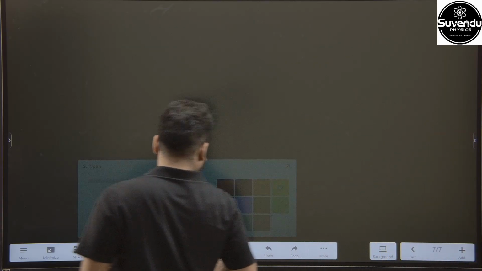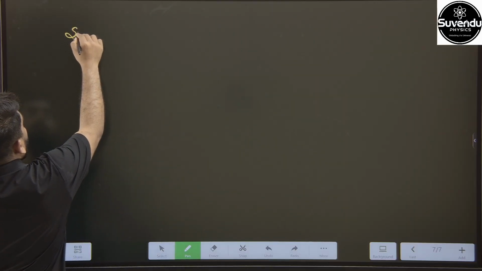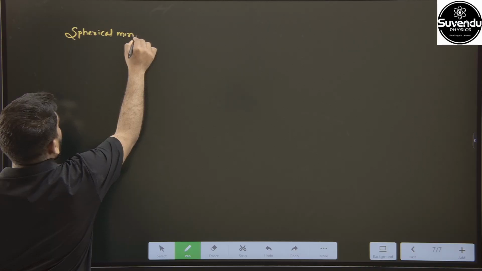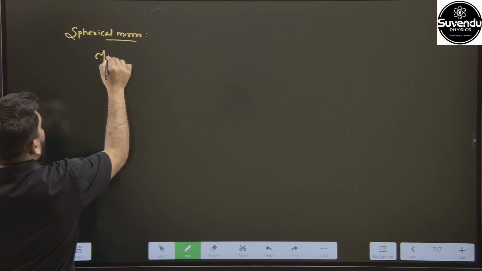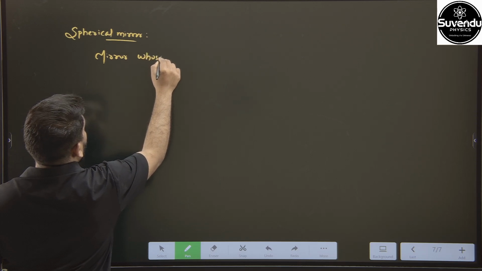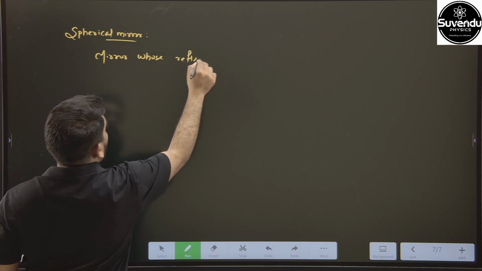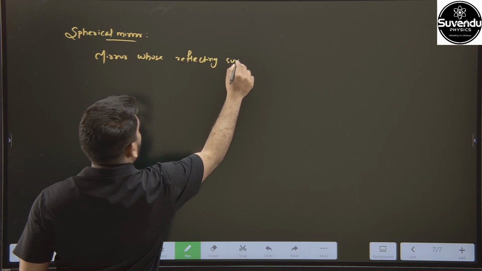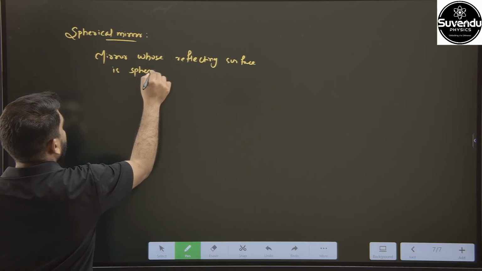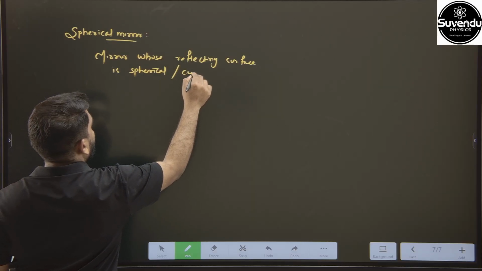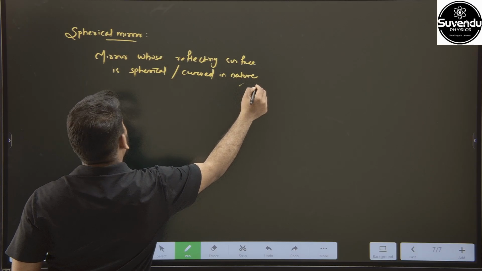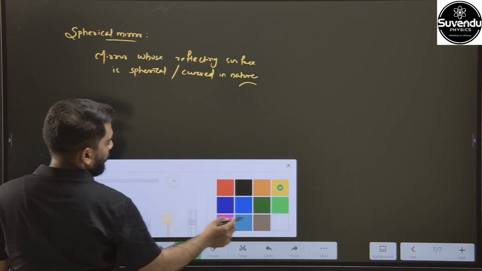So next is our spherical mirror. Mirror whose surface is curved, whose reflecting side or reflecting surface is spherical or curved in nature, that is called our spherical mirror, and it is of two types actually.